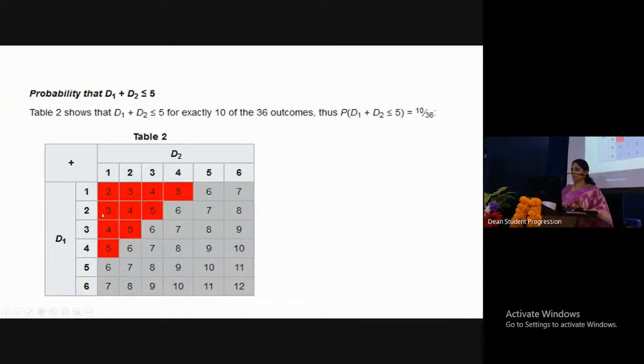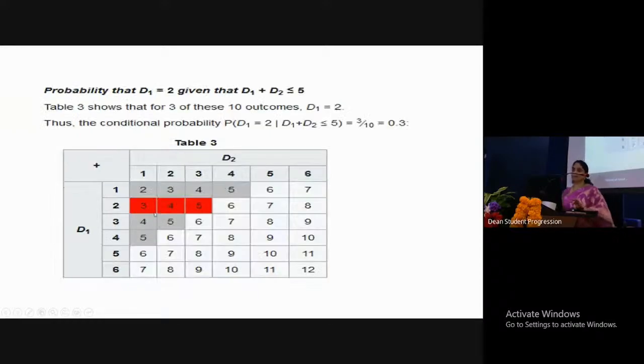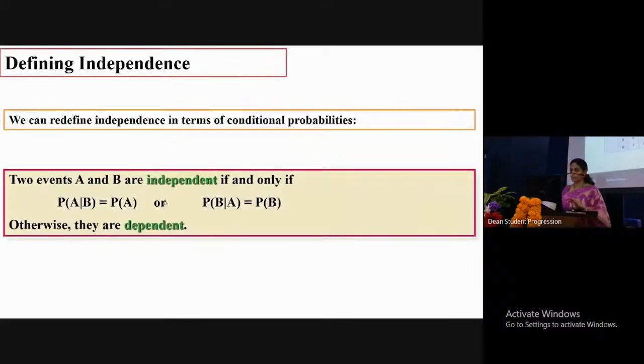So the probability of D1 plus D2 less than or equal to 5 was 10 outcomes, but based on the condition that D1 is equal to 2, it became 3. So 3 by 10. This conditional probability plays a very important role. We will see eventually what role it plays.